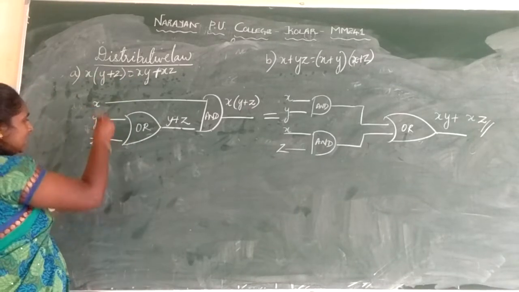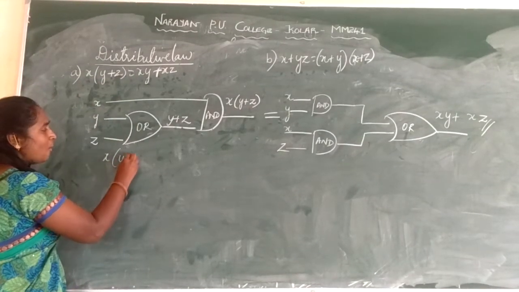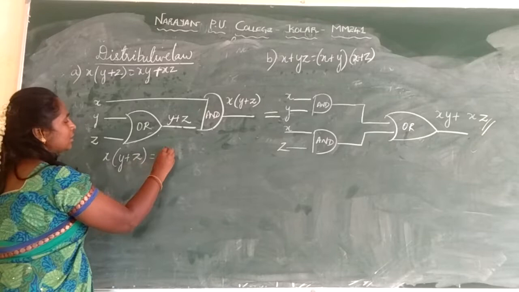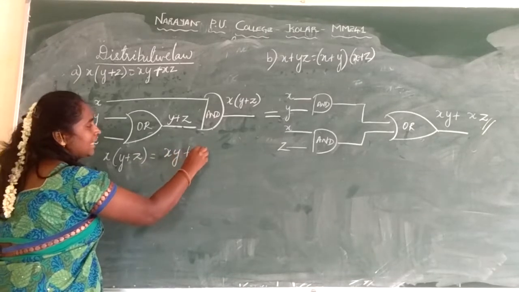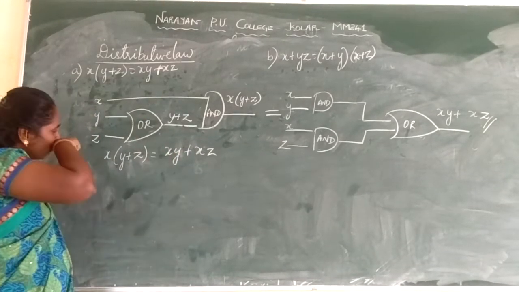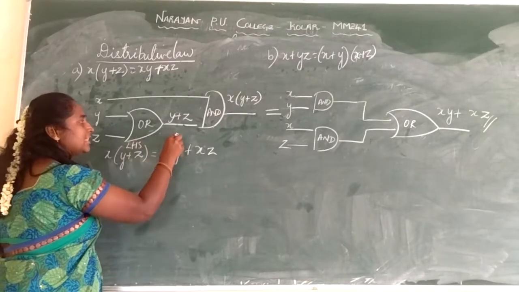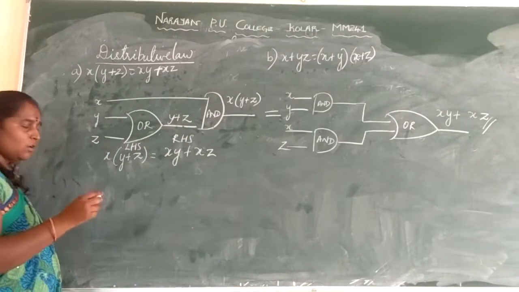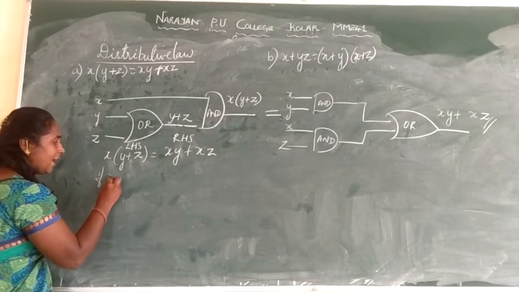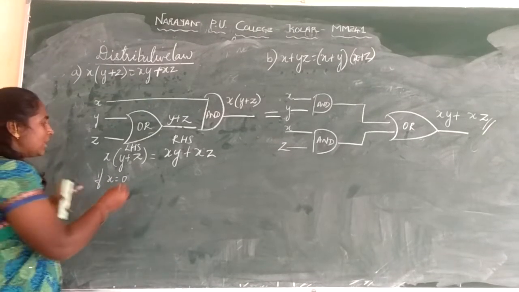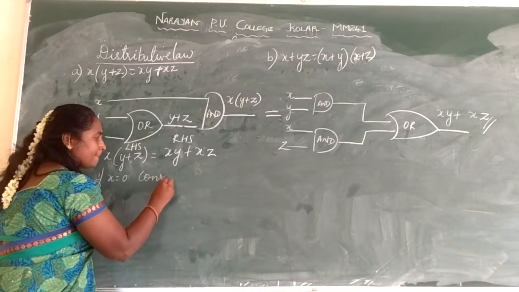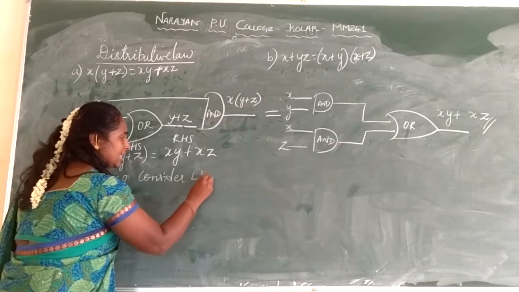We'll prove x into (y plus z) is equal to xy plus xz. For this, you will take this as the LHS and this as the RHS. First, if x is equal to 0, consider your LHS.